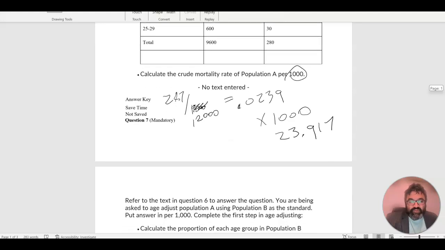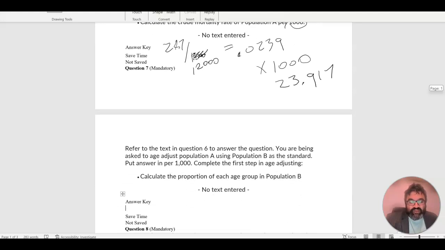The next thing you want to do is age-adjust population A using population B as the standard, and put the answer in per 1,000. So the first step is you have to age-adjust.